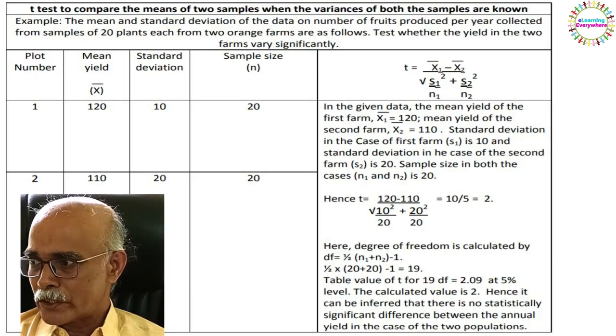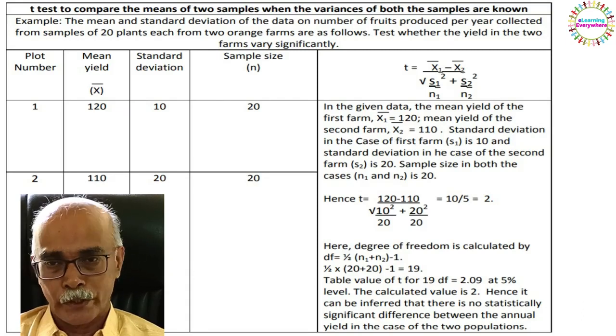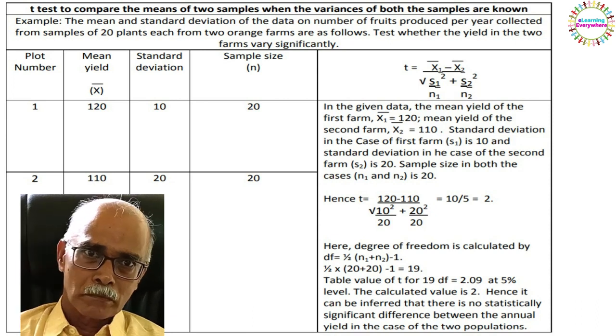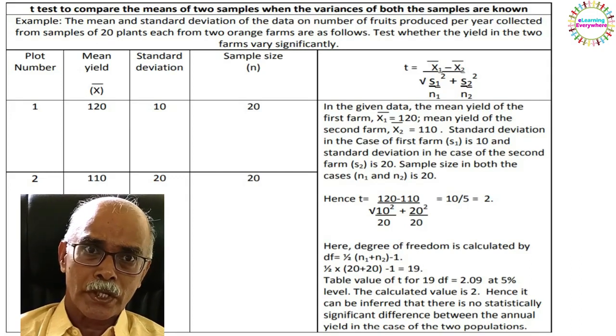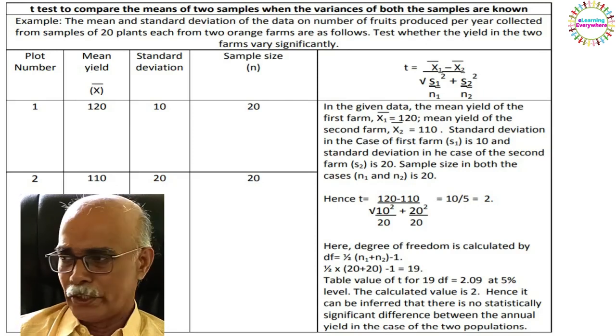The standard deviation in the first plot is 10 and in the second plot is 20. The sample size in both cases was 20. There is no rule that the sample size in the first and second case should be equal, but here it is equal.